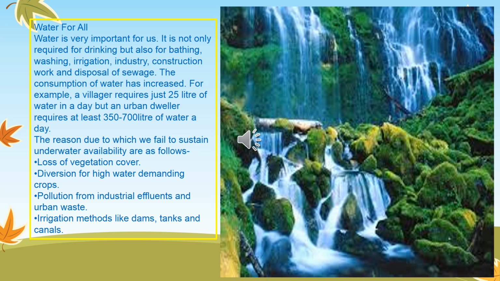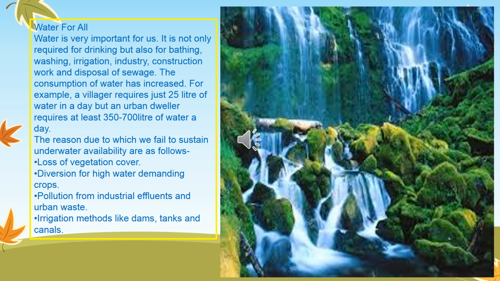The reasons due to which we fail to sustain underground water availability are: one is loss of vegetation cover. Deforestation is increasing and precipitation is decreasing, and that is leading to a fall in the groundwater level. Then diversion of water to high water demanding crops, so water is diverted for the cultivation of crops.